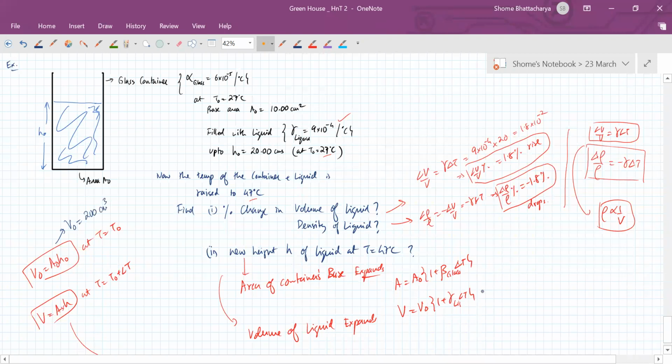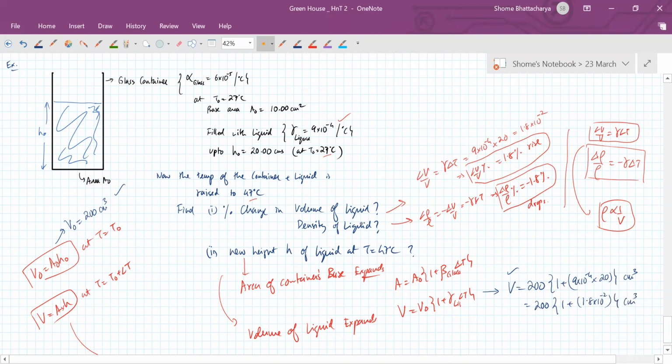The new volume of liquid will be 200 into 1 plus gamma of the liquid, which is 9 into 10 raised to the power minus 4, into the temperature change, which is 20. This is the volume of the liquid in the container at this temperature. So it is 200 into 1 plus 1.8 into 10 raised to the power minus 2 cubic centimeters, which we've already seen.